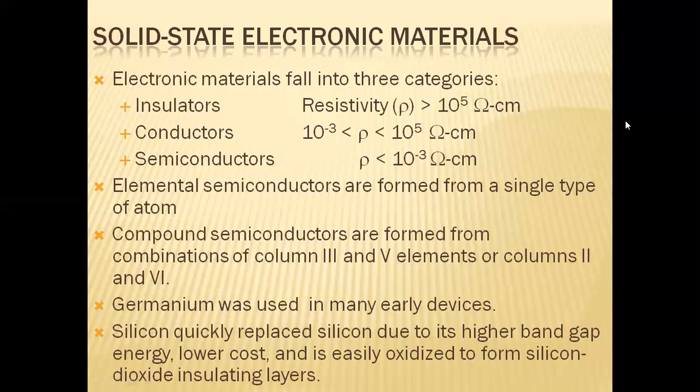Nominally, in the earlier days, germanium is the material that was used for electrical conduction in many of the devices. But in the present days, it has been replaced drastically by silicon due to its higher gap energy, its less economical cost, and its ability to oxidize to form silicon dioxide insulating layers.